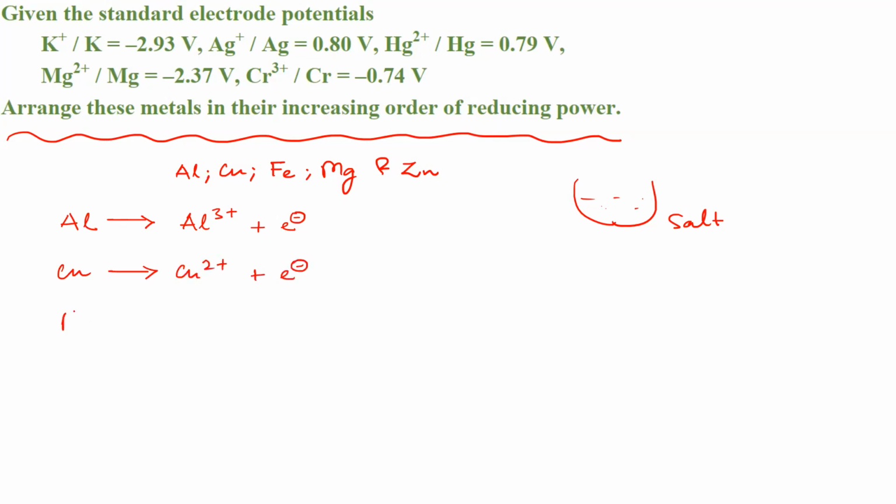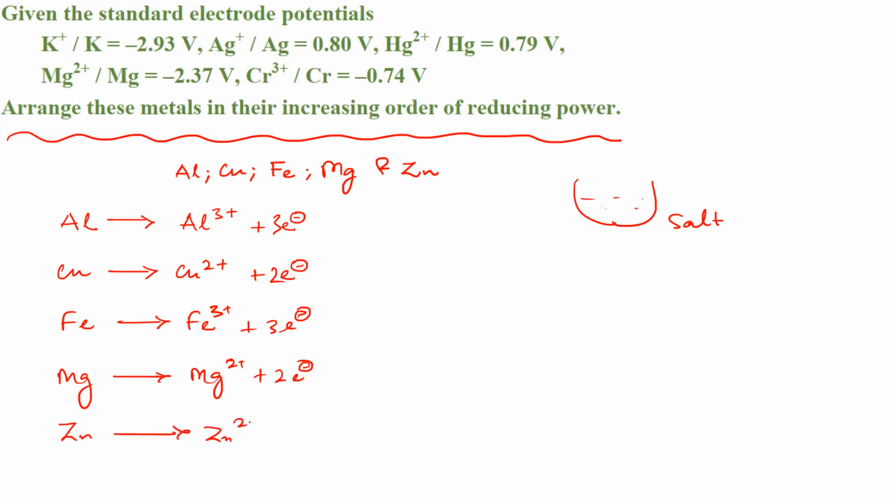Iron can give 3 positive and 2 positive, both, so Fe 3 positive takes 3 electrons and Fe 2 positive takes 2 electrons. Then magnesium gives Mg2 positive plus 2 electrons, and zinc gives Zn2 positive plus 2 electrons.